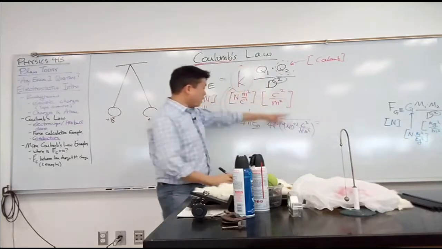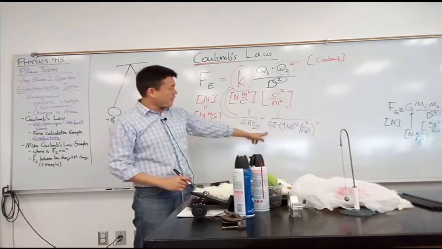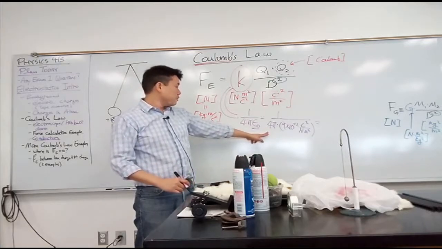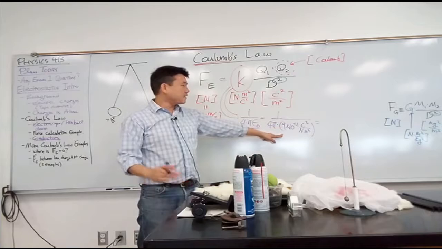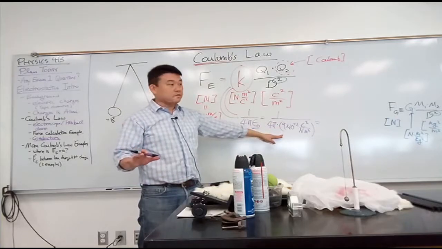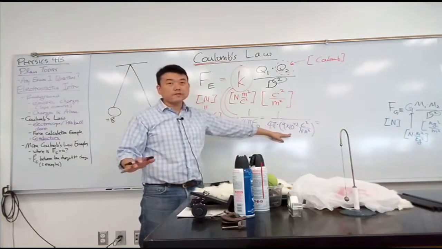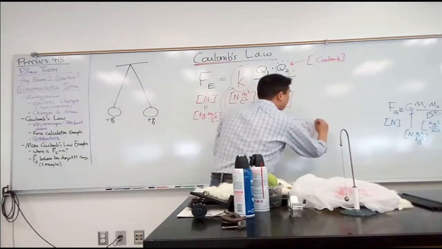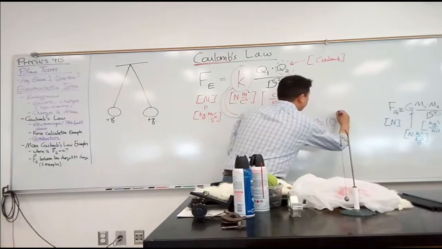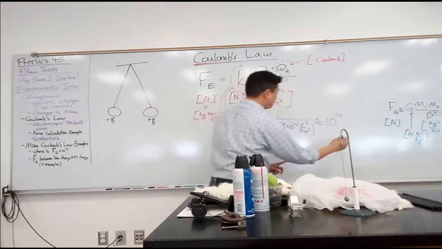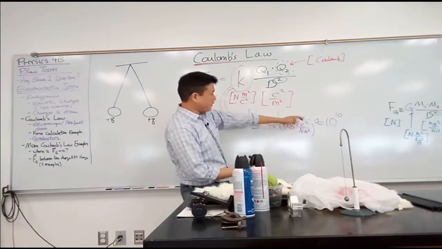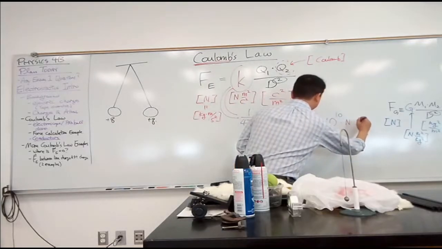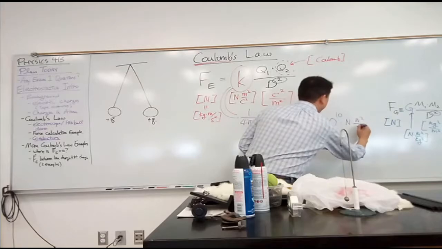When you work all of this out, 4 pi is about 12. 12 times 9 is about 100. So 100 times 10 to the minus 12 is about 10 to the minus 10. So this is going to be approximately 10 to the 10, and working out the units, it's 10 to the 10 times newton times meter squared per coulomb squared.